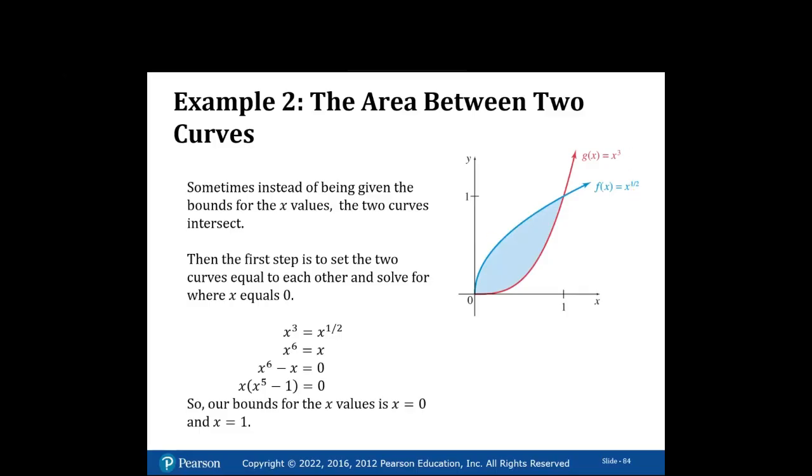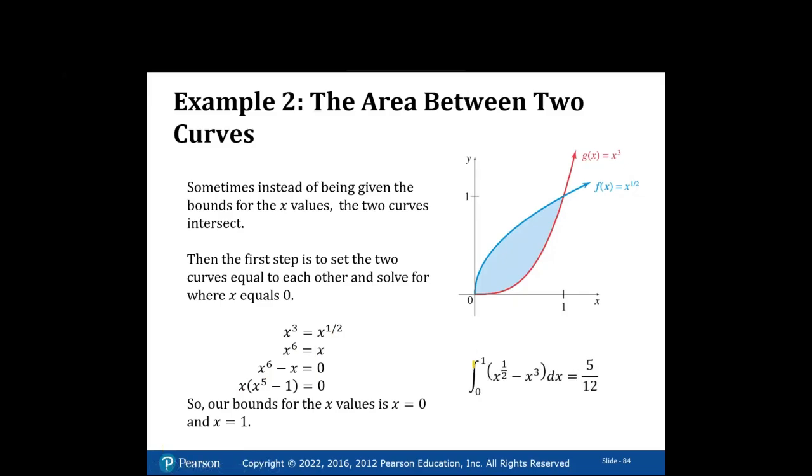And on the sketch, we can see they intersect. So when we set them equal to each other, we can square both sides and then move the x over, factor out an x, and we have that they cross at x equals 0 and x equals 1. And that tells us what our bounds need to be for the definite integral.